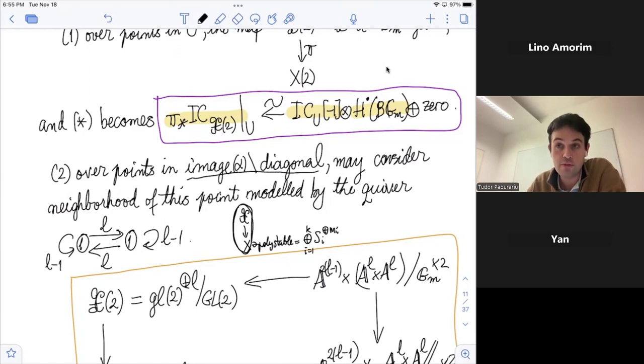Okay, but these Si, they are different, yeah? Yes, the Si are different, yes. Okay. So it's a version of the Luna slice theorem.